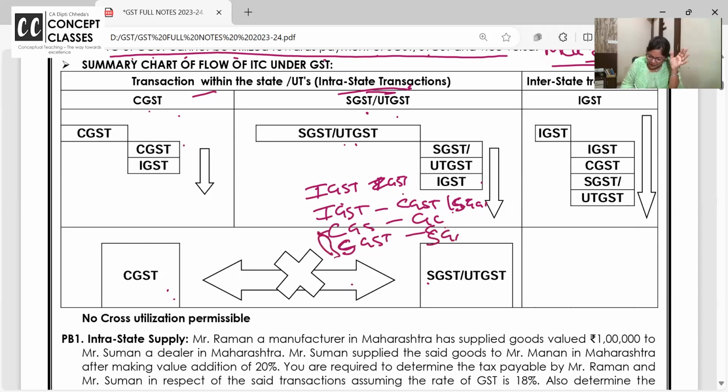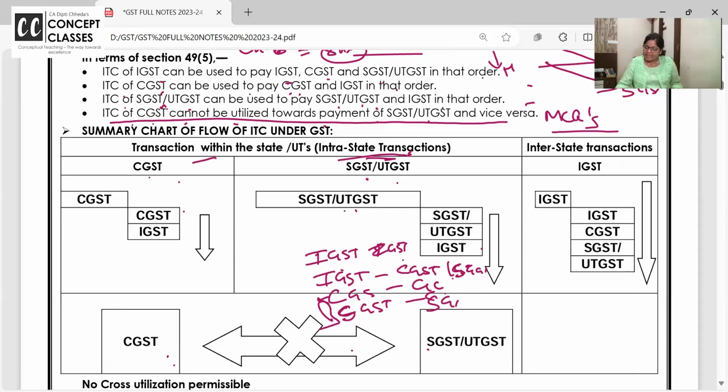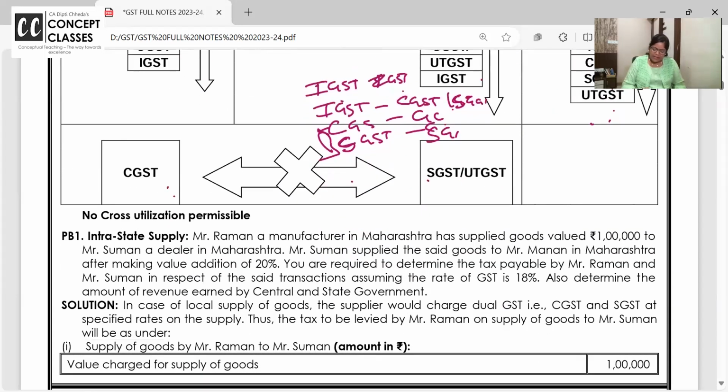But these two cannot be set off because they are different, no? Followed or not. Same way IGST, if it is interstate, first you set off in IGST, then CGST, then SGST, then UTGST. IGST में all set off you will get, but mutually no cross utilization is permissible between CGST and SGST. To clear this, how the taxes are used, we are doing this example.